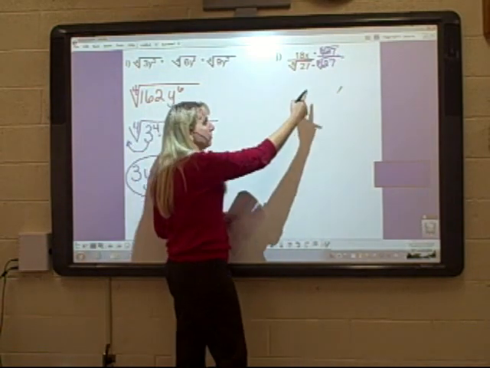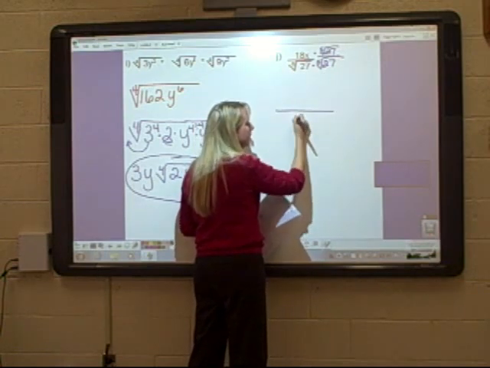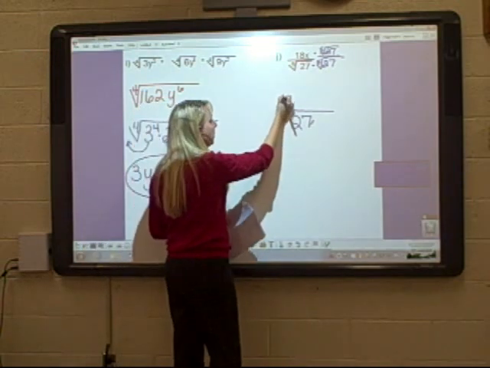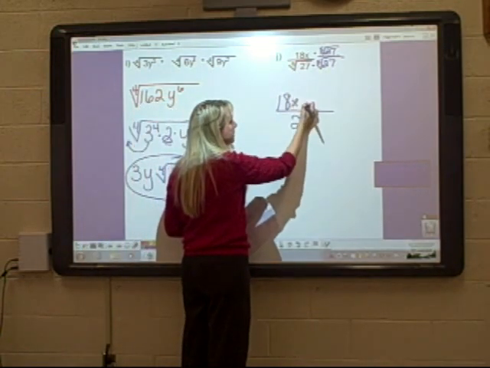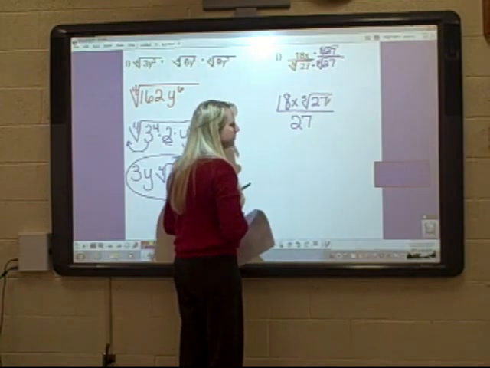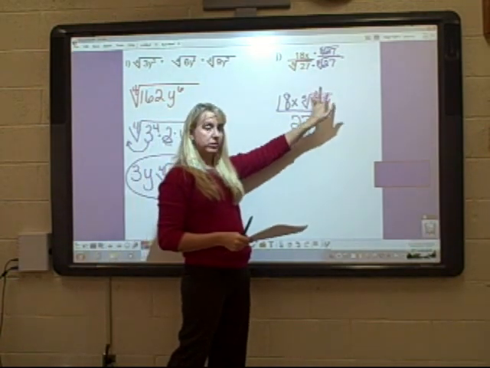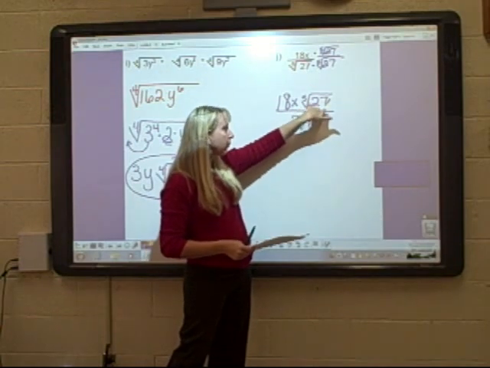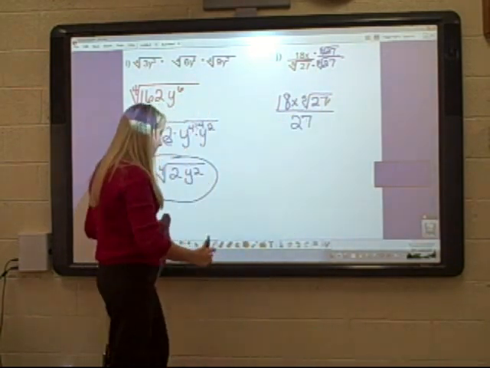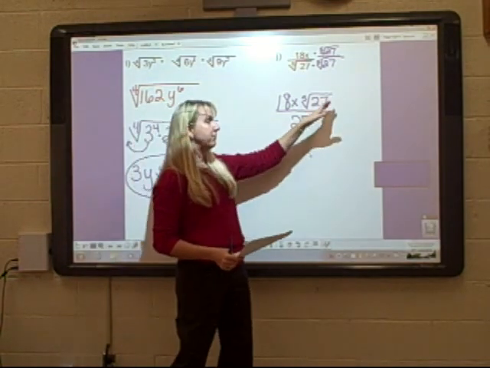And we know if we take a 5th root of 27 times a 5th root of 27, we're just left with 27. So in the numerator, we have 18x times the 5th root of 27. Well, I need to look at this radical sign, this 5th root, and think, is there a number inside of 27 that you can write as the 5th power?